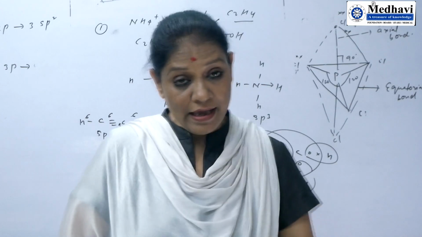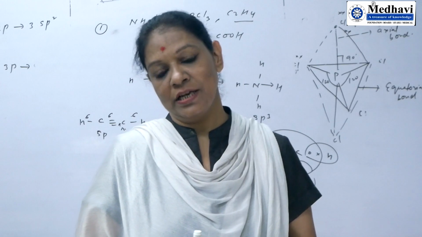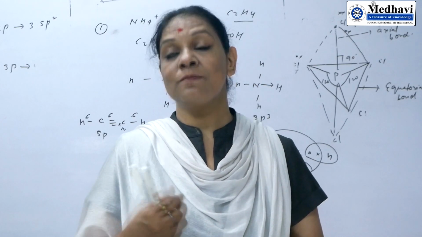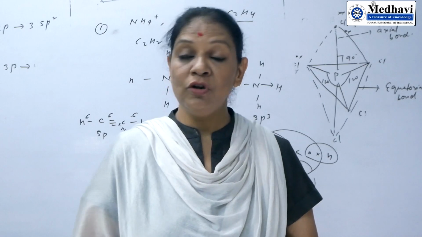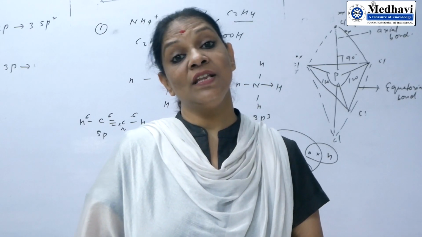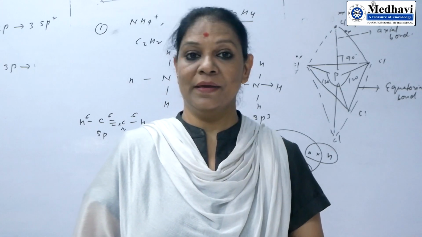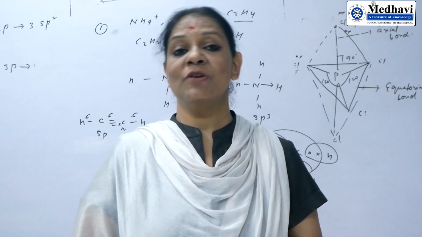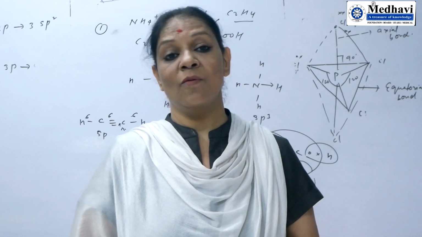In order to explain this structure, we need to know that sigma bond, which I have already explained in my previous video, but again I want to remind you, sigma bond formation takes place when there is end-to-end overlapping, whereas pi bond formation takes place by lateral overlapping.